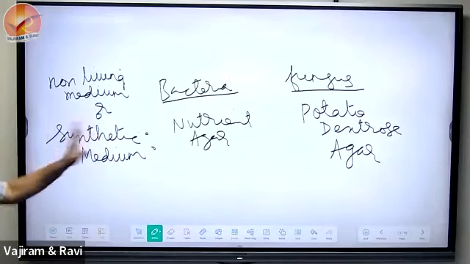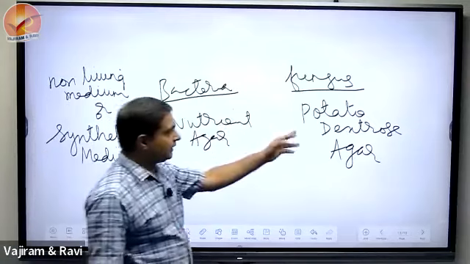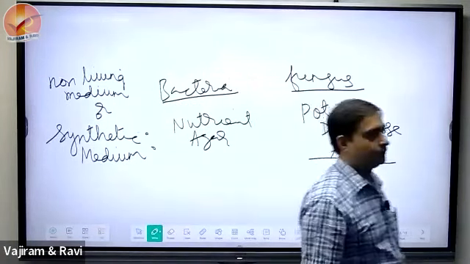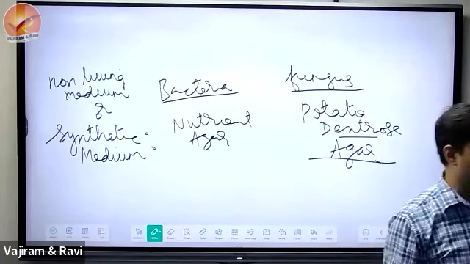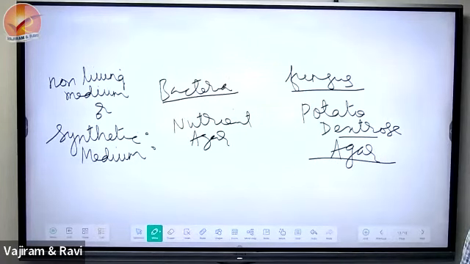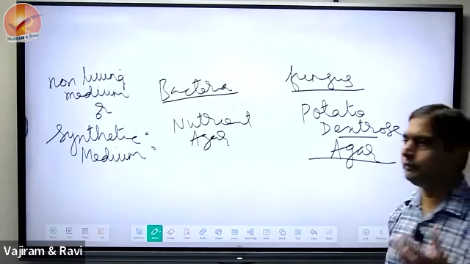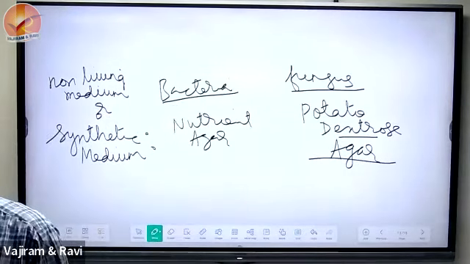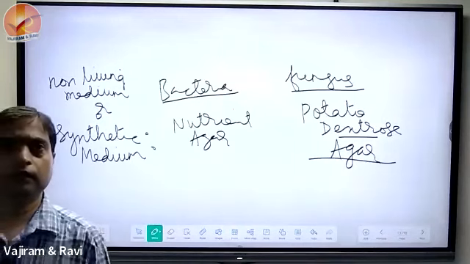For bacteria, already you have written nutrient agar. For fungus, you can write potato dextrose agar. Now, dextrose is similar to glucose, which we obtain from corn or the maize. It is similar in structure to the glucose.